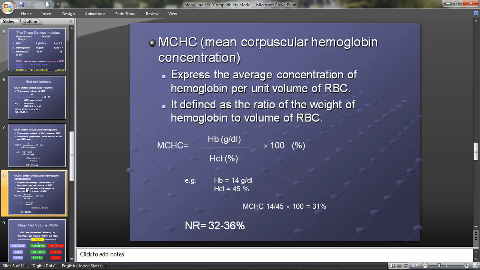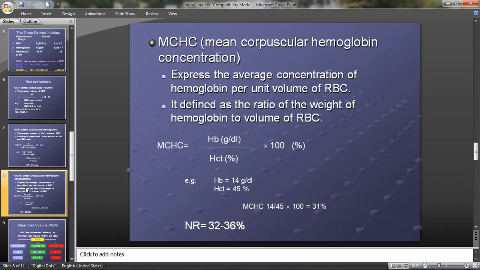Mean corpuscular hemoglobin concentration. It expresses the average concentration of the hemoglobin per unit volume of the RBC. It is defined as the ratio of the weight of the hemoglobin to the volume of the RBC. The formula for calculation is mean corpuscular hemoglobin concentration is equal to hemoglobin in grams per deciliter divided by hematocrit multiplied by 100.